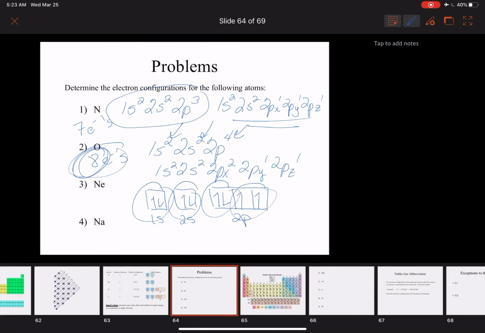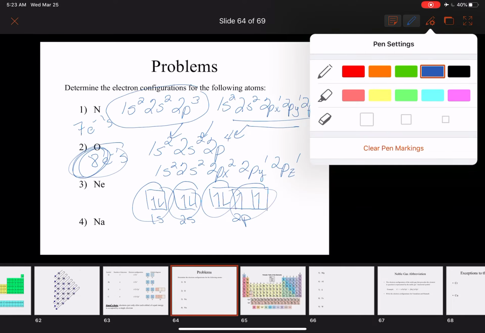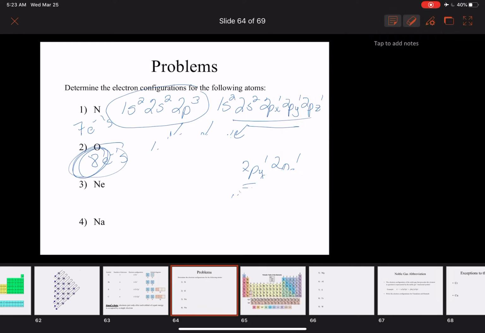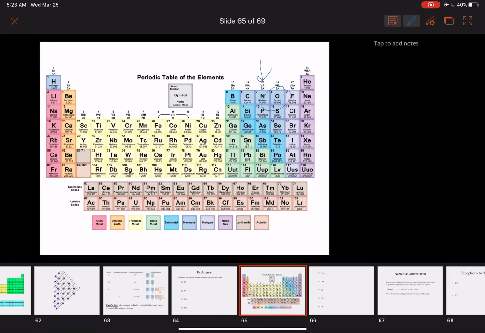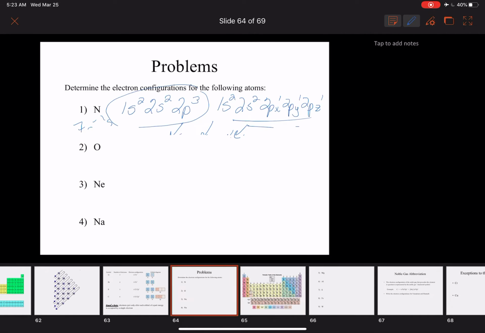Okay, moving on to neon. So with neon, we are at atomic number 10. So that means we've got 10 protons and 10 electrons. So the first 2 electrons are going to go where they always do. We're going to say 1s2. And then the next 2 electrons are going to go into the 2s.